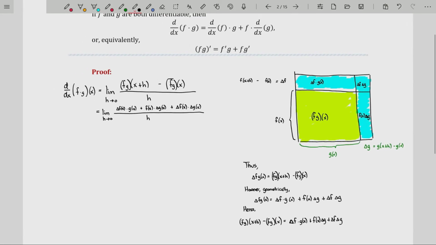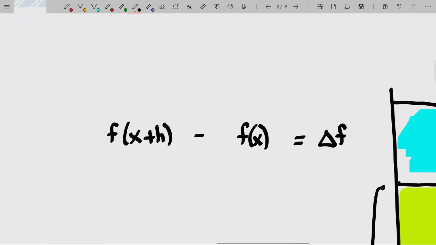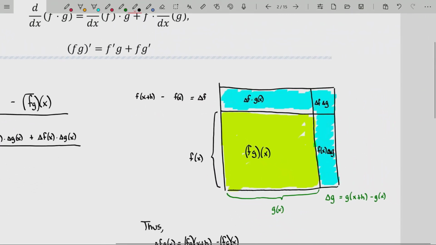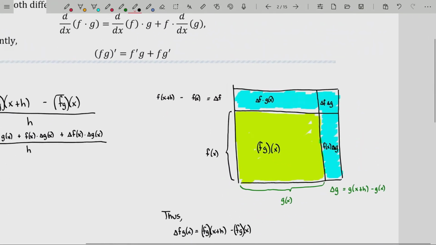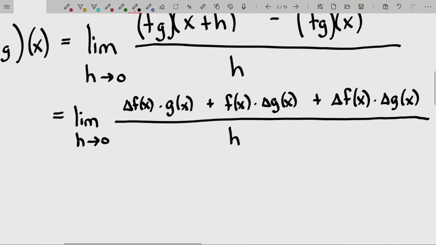Now remember what delta f and delta g stand for. They're the numerators of their difference quotients: f of x plus h minus f of x, and g of x plus h minus g of x. Let's insert those into this argument. This is equal to the limit as h goes to 0.